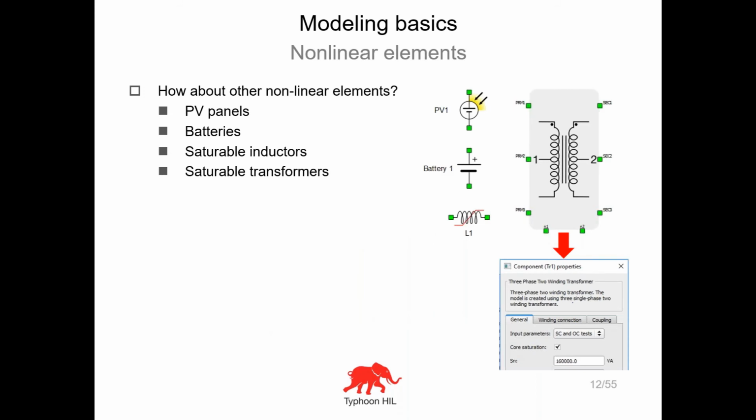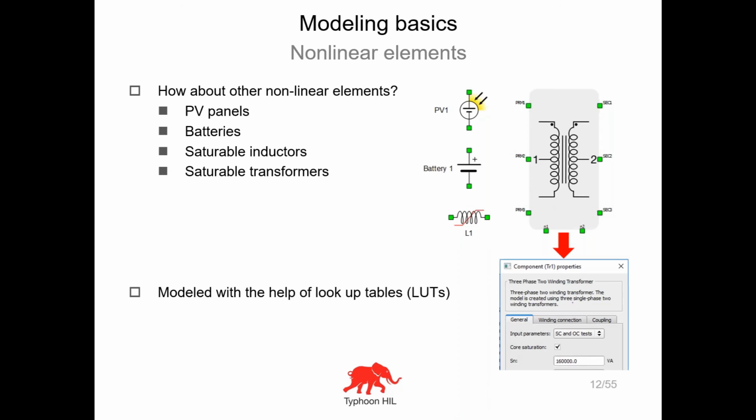So far we've explained how we model linear components in switches, but how about some nonlinear elements? Some examples of nonlinear elements, and you can see the images on the right, are the PV panel, the battery model, the saturable inductor, and the saturable transformer.